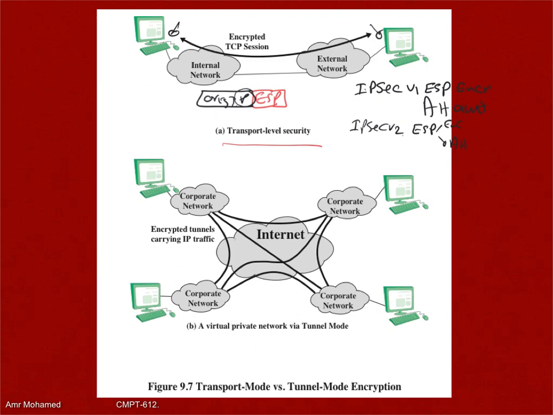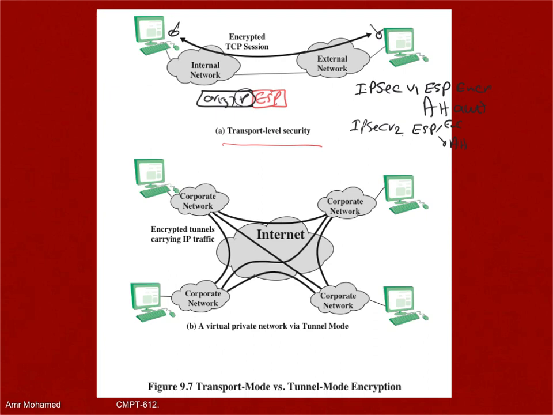So you have one header for both. This header now will contain the security parameter index, and the corresponding security association contains all the algorithms used for encryption, all the algorithms used for authentication, the keys and everything. Which makes sense.